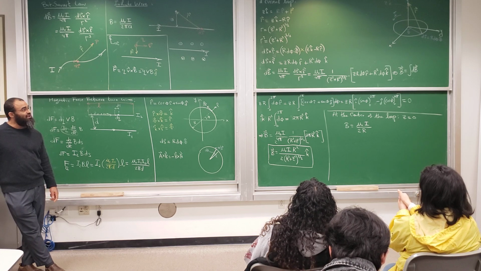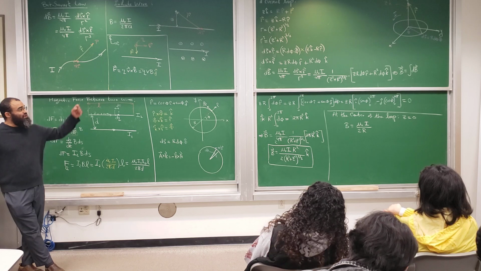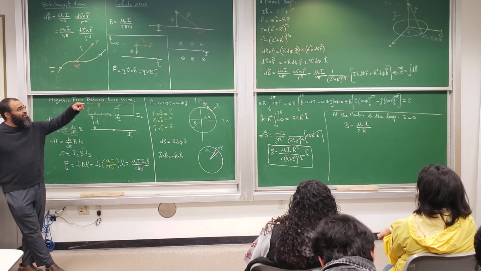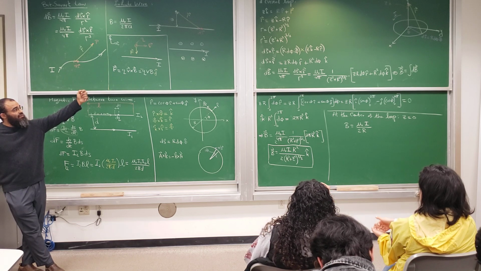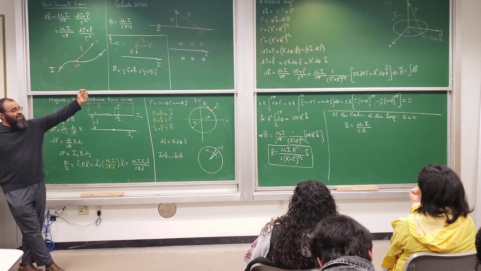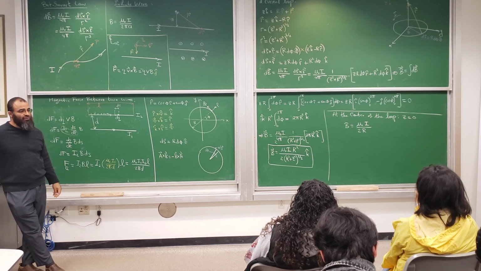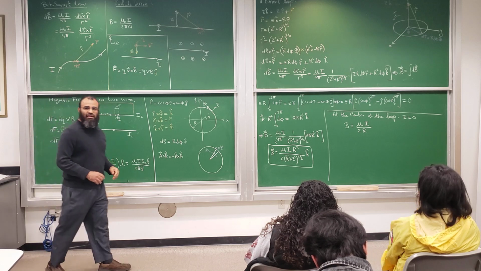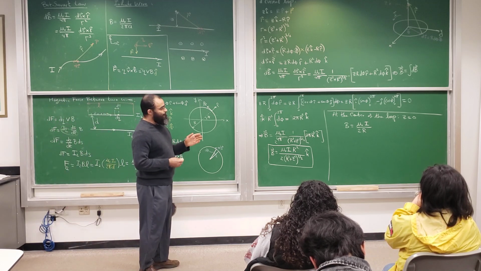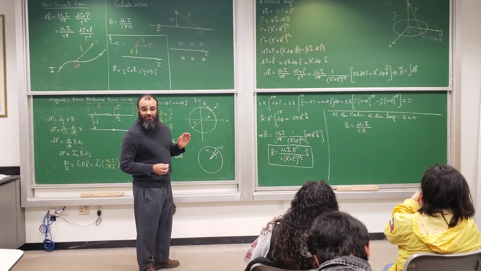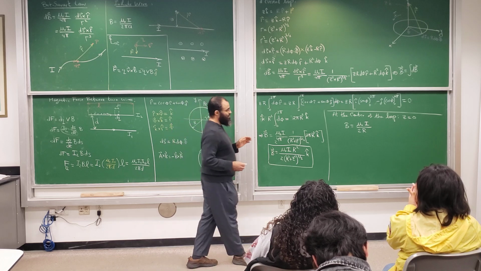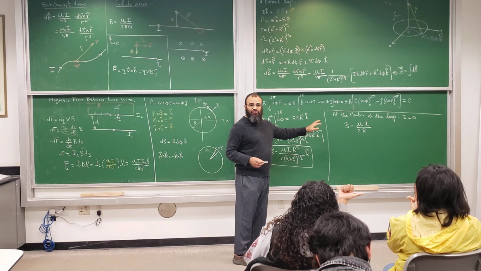It depends on what direction it's moving. If it's moving to the right, then it will be towards us. It's a cross product, q v cross B. At the center of the loop, it's k hat also. Just magnitude here.